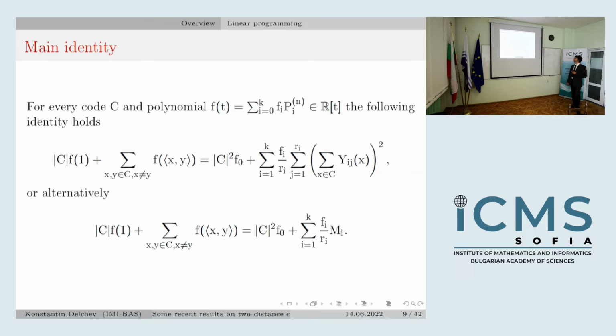One uses the identity and the fact that every polynomial can be expressed as a sum of our Krawtchouk polynomials, which is obvious because we have one Krawtchouk polynomial per degree. And the other just takes the inner products when two of the codewords are the same, and when two of the codewords are different.